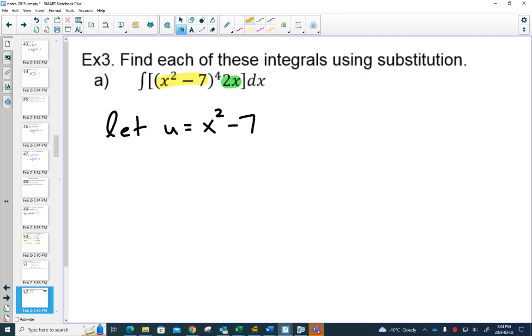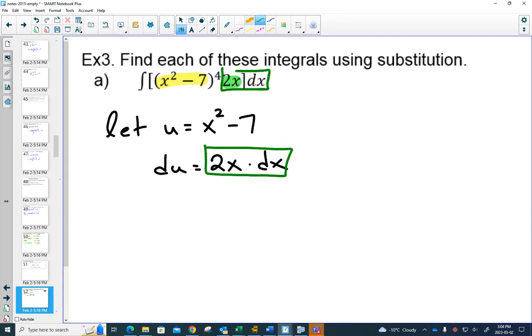Then our derivative du dx is our derivative, but we put the dx on the other side because we multiply both sides by it, would be 2x dx. And this, in the green box, is all of this, and this, in the purple box, is our inside function right there.